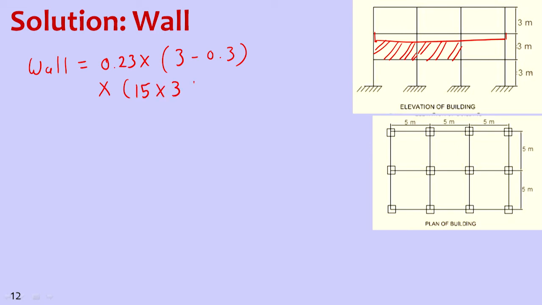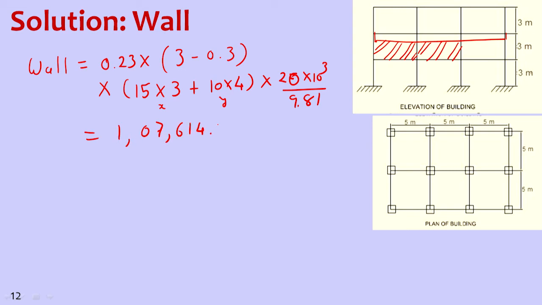So 15 into 3 plus 10 into 4, one for x direction, another for y direction, multiply by the density of a wall, which will be 20 kilonewton per meter cube. So 10 raised to 3 divided by 9.81 will give us the total mass as 1,07,614.68 kg. So this is the mass of a wall. These walls are interior and exterior.